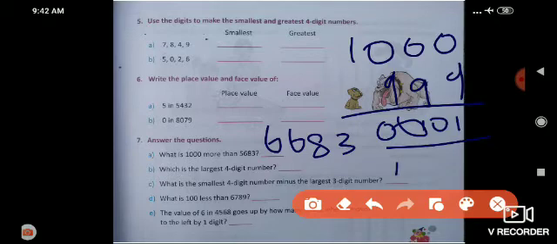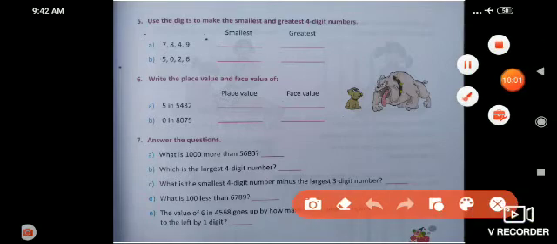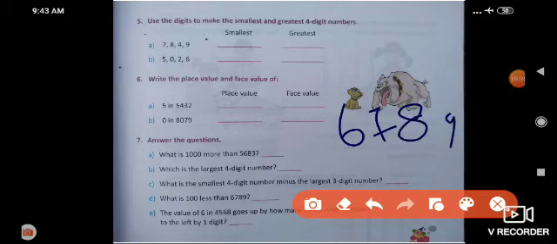What is 100 less than 6789? What you have to do is apply the same concept which we applied before. What is the number? 6789. What is the number you have to subtract? 100.